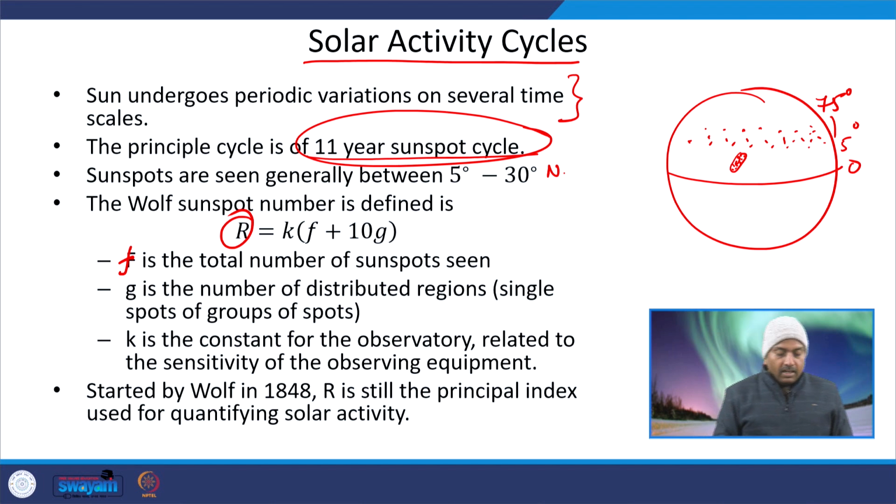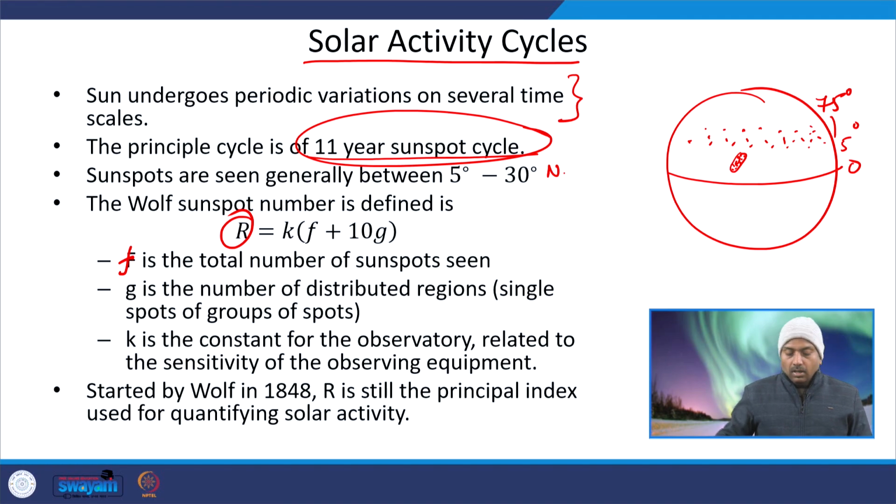And k is the constant for the observatory, related to the sensitivity of the observing equipment. So, k is associated with a particular observatory, because the equipment observing these sunspots has some sensitivity.